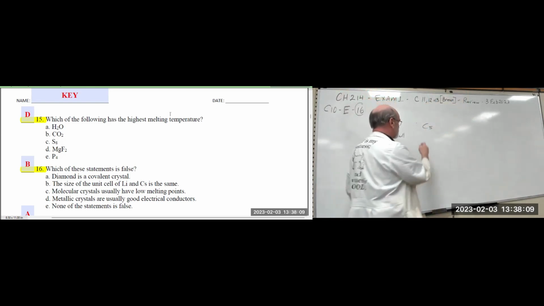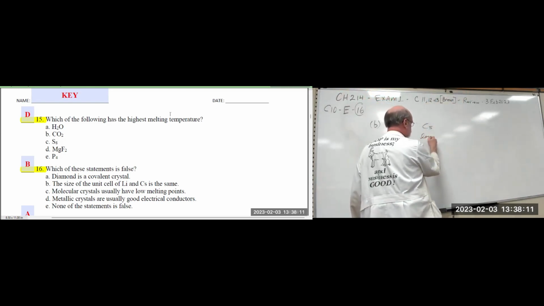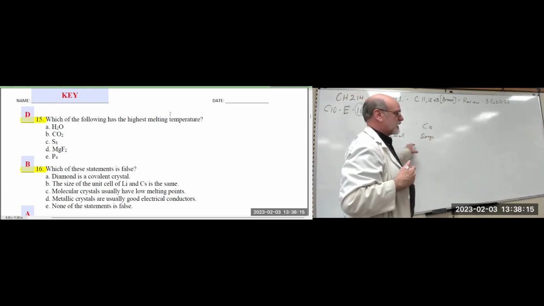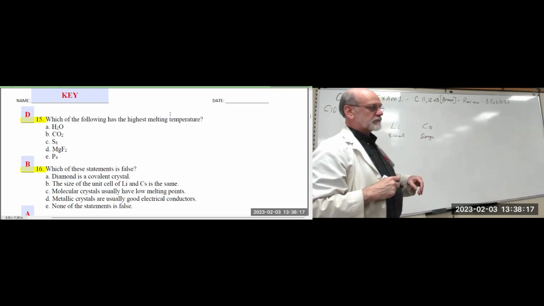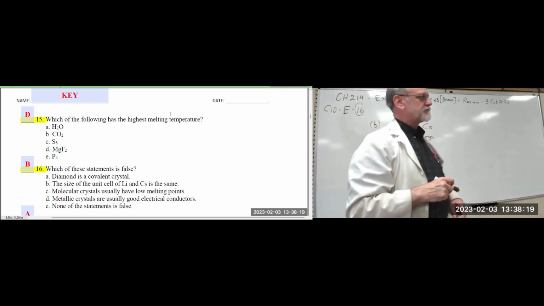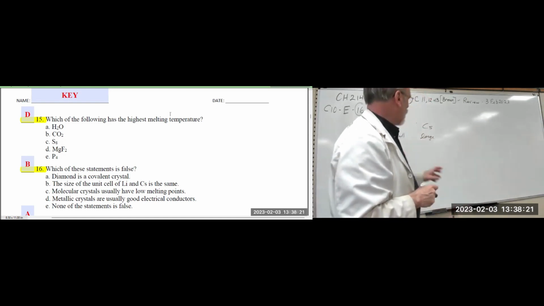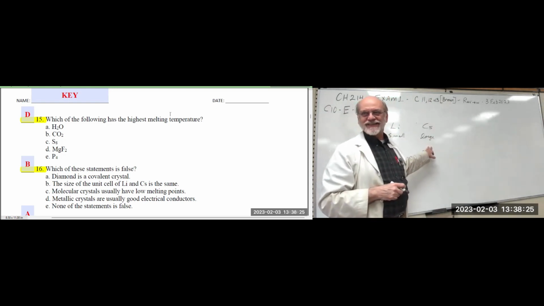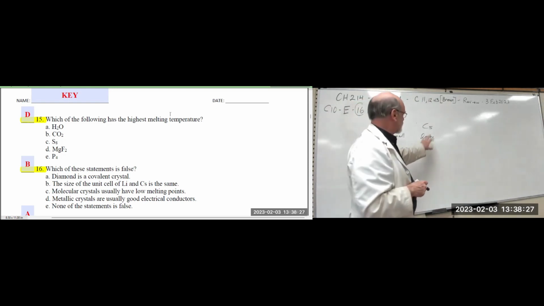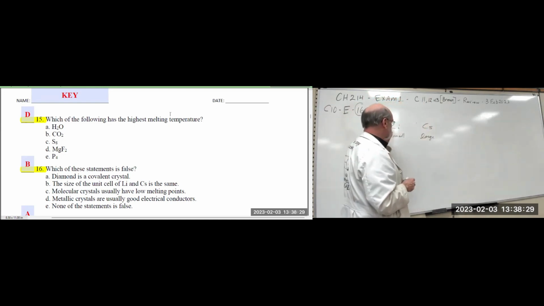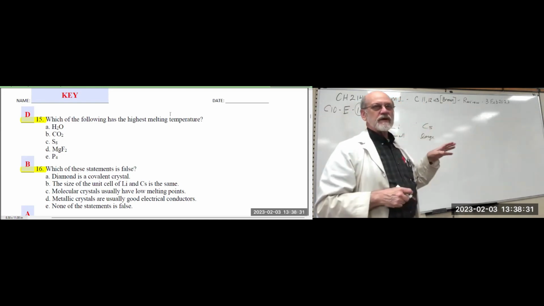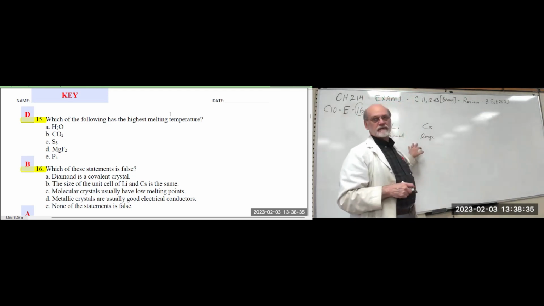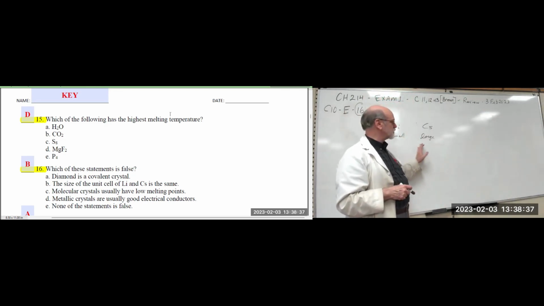Cesium's at the bottom. It's a large atom by comparison. Why? Well, because it's got more layers of electrons on the outside. So this is going to be larger. This is going to be smaller. So the unit cell is not going to be the same size. It may be the same type, but it won't be the same size. This will be the bigger one.